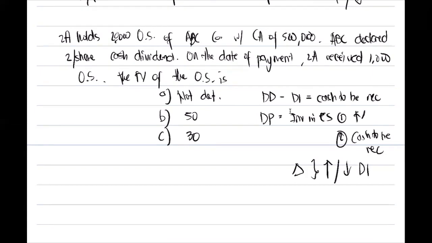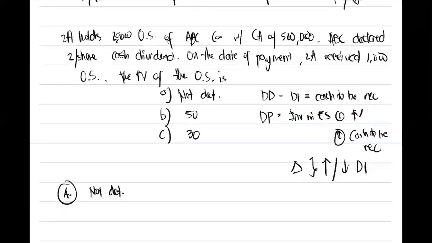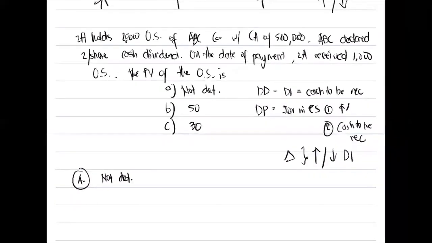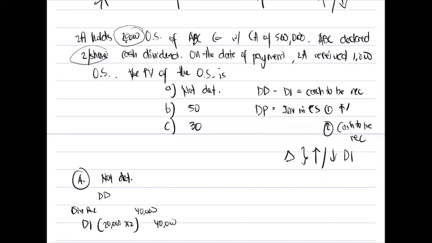So let's answer letter A. We do not have any value for your fair value of shares. So on the date of declaration, we will make an entry, debit dividend receivable, credit dividend income. The dividend income here is equal to your 2 pesos per share. So 20,000 shares times 2 pesos per share, 40,000.